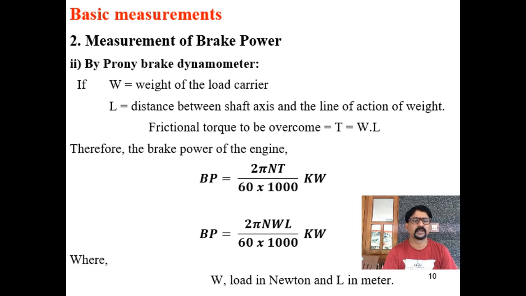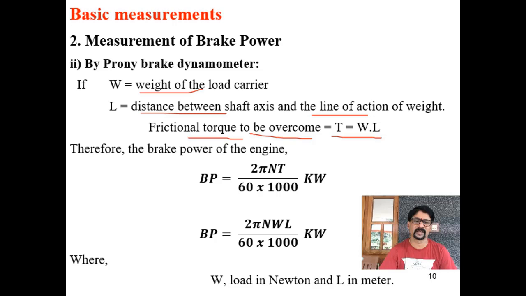Now if W is the weight of the load carrier and L is the distance between the shaft axis and the line of action of the weight, then the frictional torque to overcome is nothing but W into L. In the previous case it was (W minus S) into R, because there was a spring balance reading as well as the load on the pan, but here only load is placed in the load carrier, and its center is at a distance L, the torque arm length, from the center of the brake wheel.